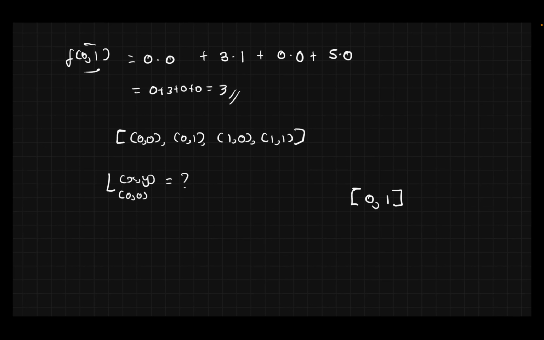Now we want a function that, if it sees 0, let's say we do L0 of x, we want it to give us 1. But if it sees 1, we want it to give us 0. Now, who can come up with a formula that can do this?